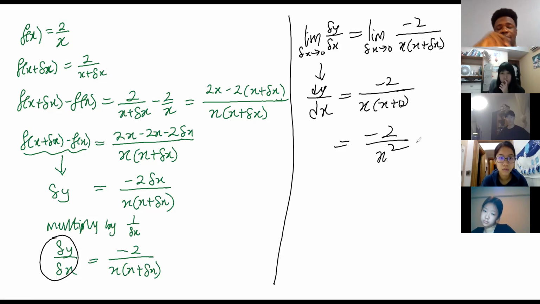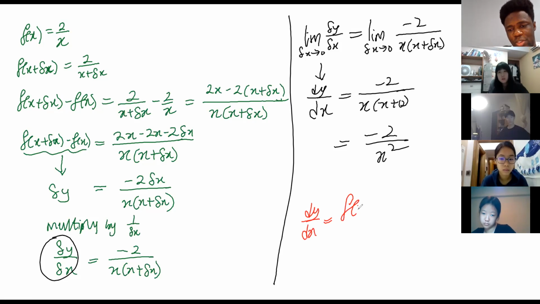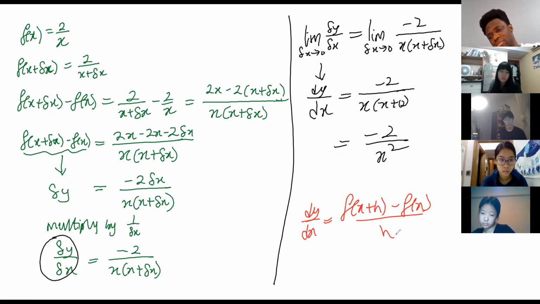Okay, so you can try the same question using the other approach. All you have to do is, again, dy dx equals f of x plus h minus f of x divided by h. That's all. And you simplify. So one way or the other, your h, just like this delta x, will be extracted, and you can do what you need to do.